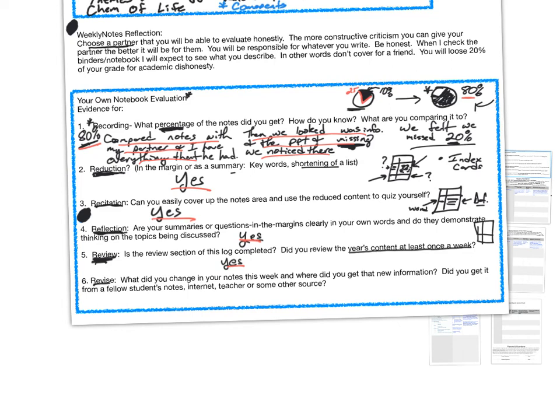Maybe you changed the spelling of something because you didn't know how to spell it in class, and you looked it up when you got home and wrote it in later. That's also revision, right? So all those are forms of revision. That's again going to be yes or no. And where did you get the information? The book, a fellow student, etc.